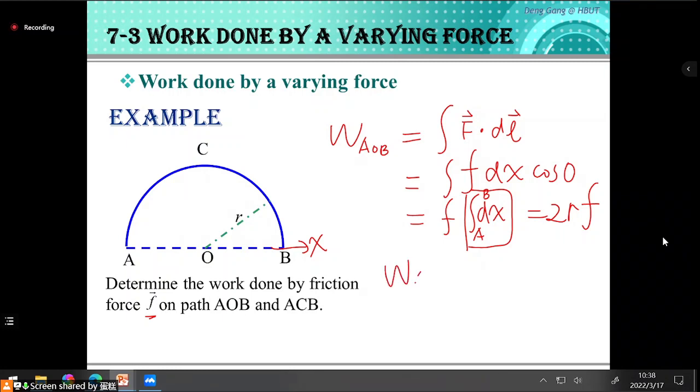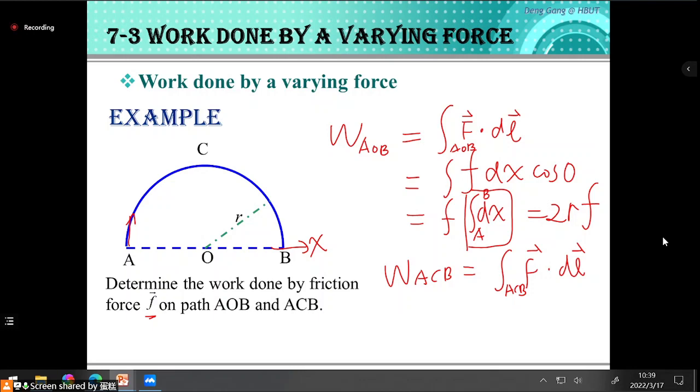So W_ACB should be equal to the integration, still F dot dL, where this is AOB and here is ACB. If it is along ACB, dL is always in the tangential direction, right?